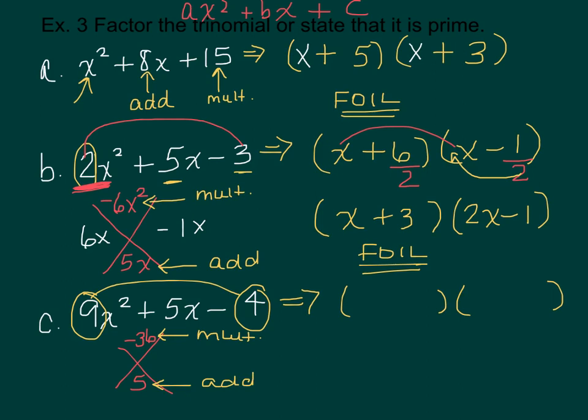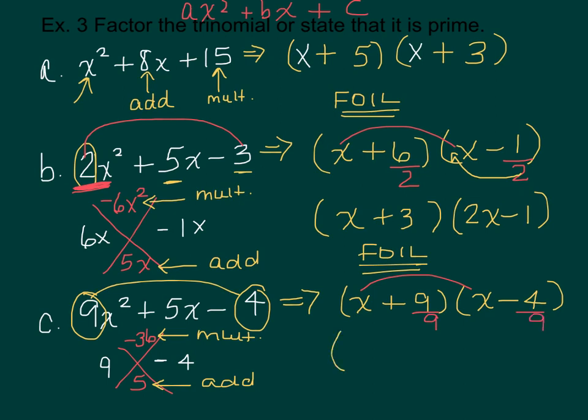And the only numbers that would work would be 9 and -4. So remember, usually we would do x plus 9 and x minus 4. But we won't get 9x squared when we FOIL it. So what you do is you divide both of those by the leading coefficient, which is 9.